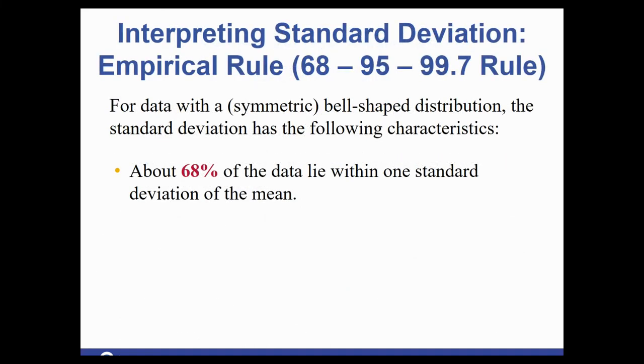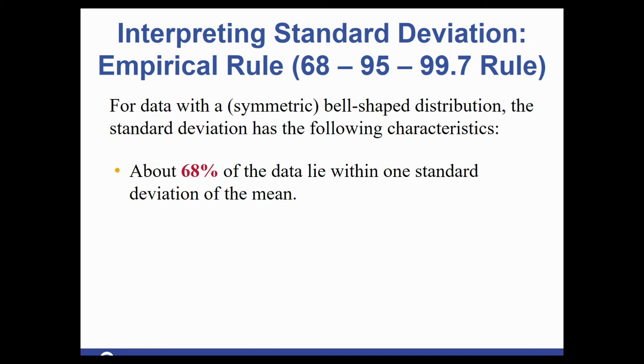Now, once we have this number, the standard deviation number, we can sketch out on a graph your mean and your standard deviations, and we can use the empirical rule to talk about percentages of your data set. So for data that is symmetric or bell-shaped, we can say the following rules about it.